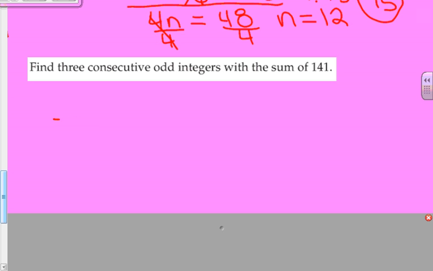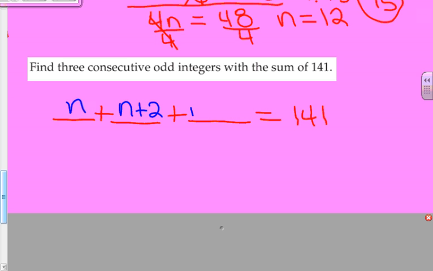So we need 3 consecutive odd integers whose sum, so it's adding, equals 141. I'm going to use n for the first one because I don't know what that is. If it's odd, I'm going to skip one, so n plus 2, and then n plus 4. So I'm skipping a number. Now I'll add them together. I'll have 3 n's plus 6 equals 141.